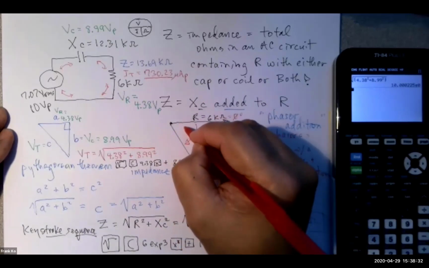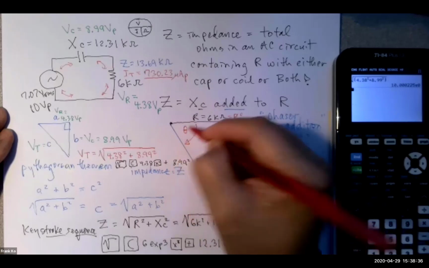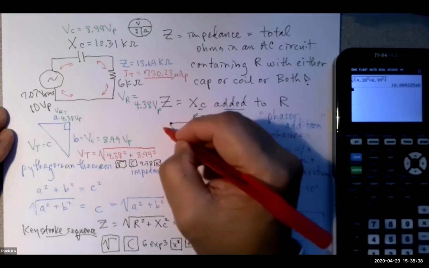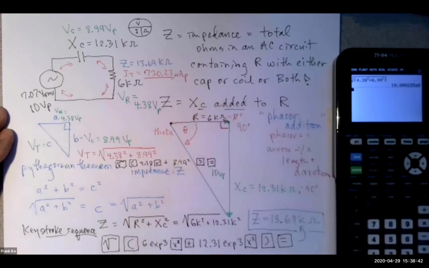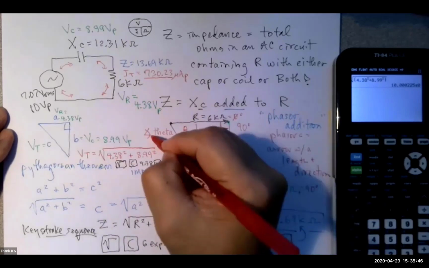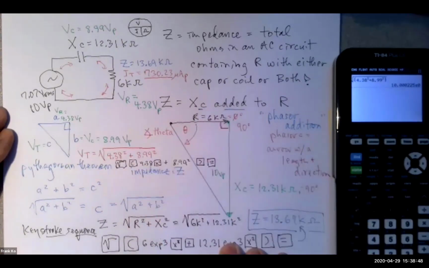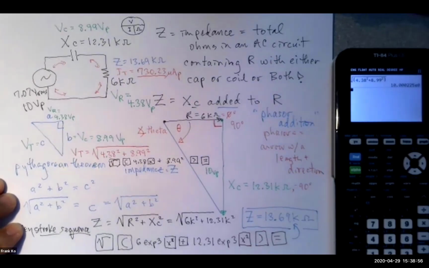The symbol for the phase angle looks like an oval with a horizontal line through it. That is called theta, a Greek letter. So I am looking for the angle of theta, and it has a very simple but very specific calculation. I'll give you that formula in just one moment.